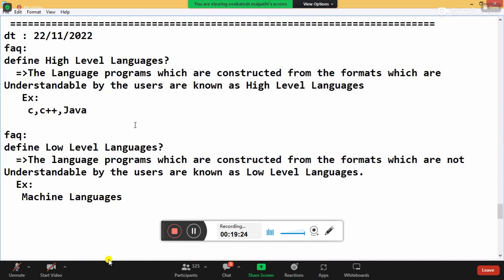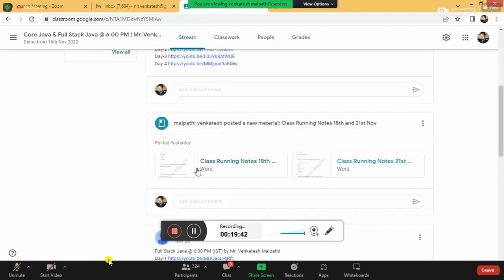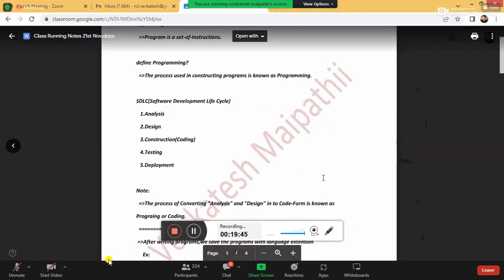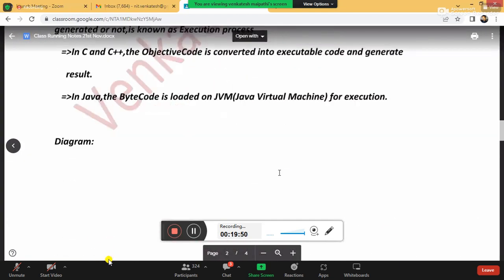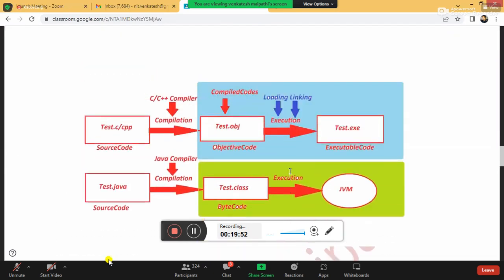Now in yesterday's diagram also, see there. Look here. In yesterday's notes, what I updated to you generally, .obj file is there. .exe file is there. .class file is there.